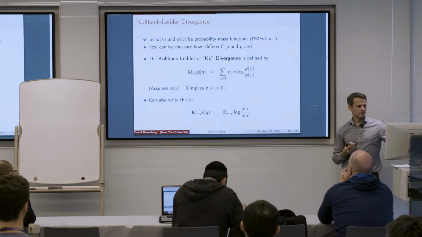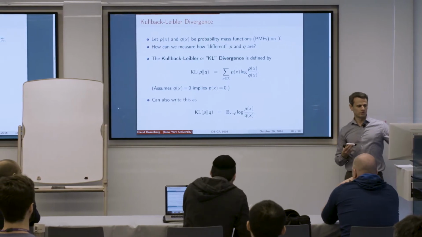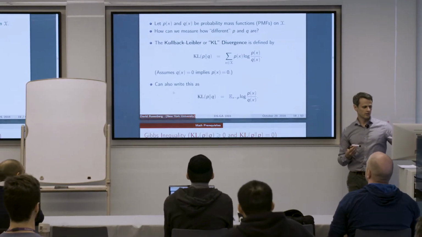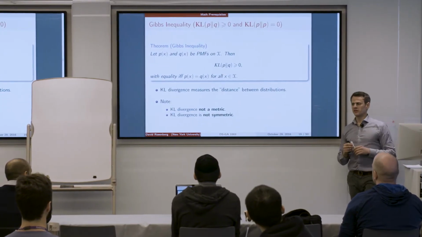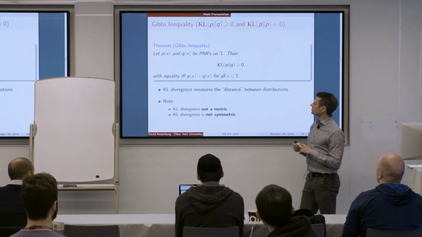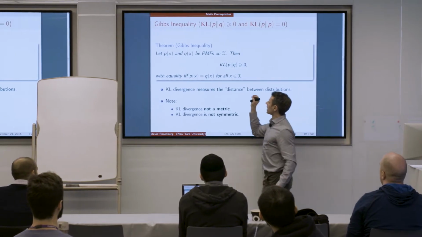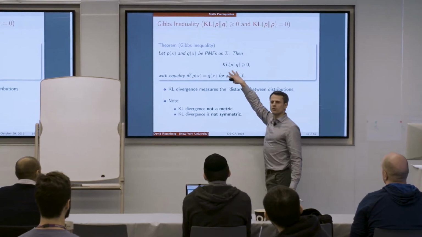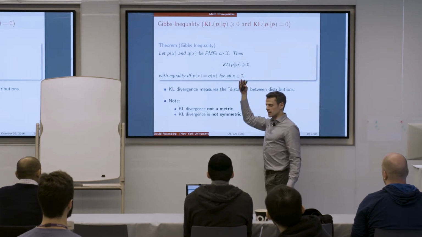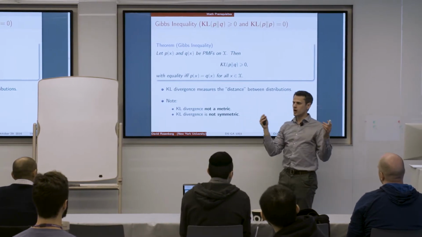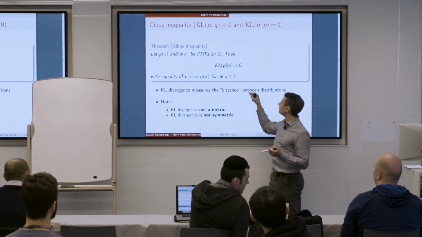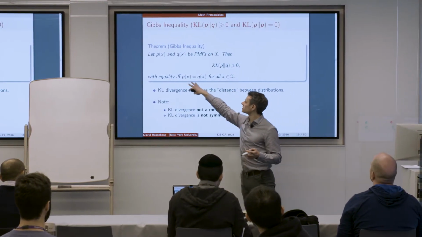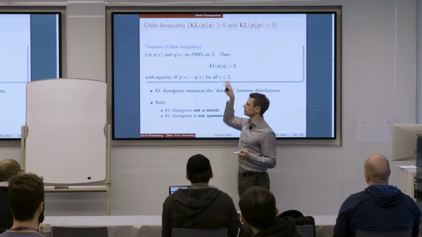A few key properties that we'll use are, and this is basically all we need to know about the KL divergence, that it's non-negative. Whatever P and Q are, the KL divergence is non-negative, which is nice if it's trying to measure some kind of divergence or difference between distributions. It's nice to be non-negative. It's equal to zero if and only if the two distributions are equal.